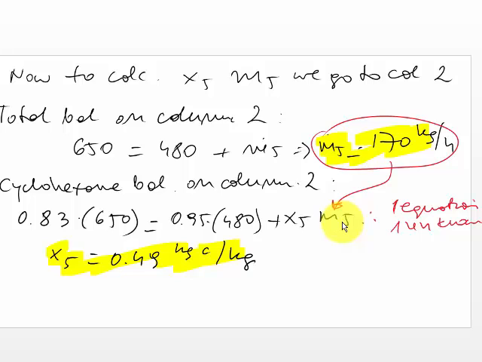As you can notice here, M5 was calculated from the total mass balance on column 2. One equation with one unknown, and X5 is equal to 49%, which means that we have 49% cyclohexane per kilogram of the product coming out of the bottoms line from the second distillation column.